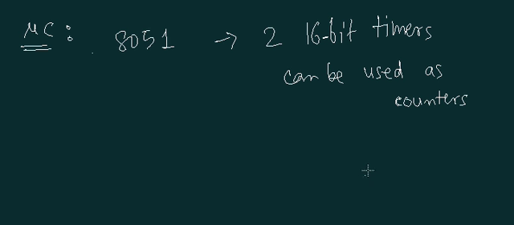Whenever the signal clock is from outside, we say that it is a counter. So, we need to use the timers in counter mode because it has to count the external pulses, because the signal is coming from outside the frequency meter, and the zero crossings are converted to square wave, and those pulses or transitions have to be counted. So, we have to use timer in the form of a counter, right.